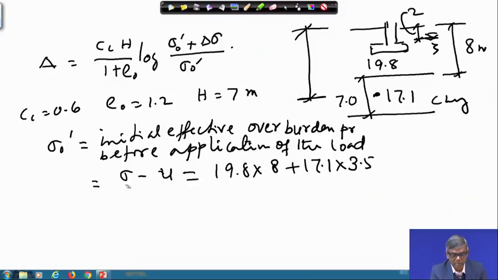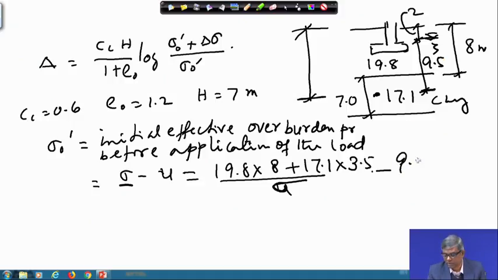So, this is the total stress sigma minus u. How much depth is there up to this? From the water table up to the middle of the clay layer, it is 6 plus 3, which is 9.5 meters away.